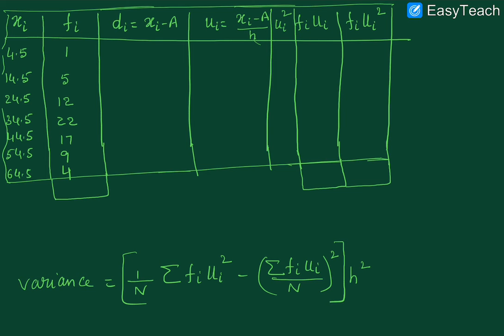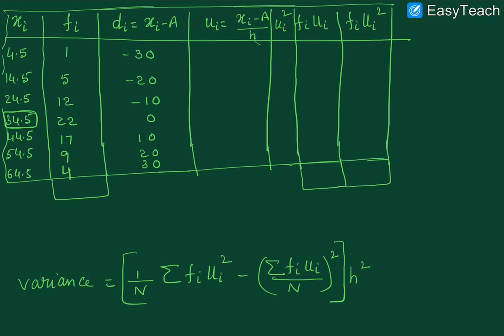Now first of all we have to find out the assumed mean. What is assumed mean? The middle observation is generally taken as the assumed mean. Assumed mean is equal to 34.5. Now find out di. Di is equal to minus 30, minus 20, minus 10, 0, 10, 20, 30.